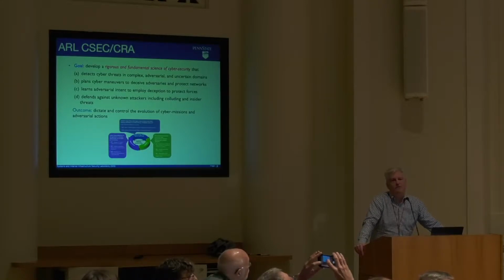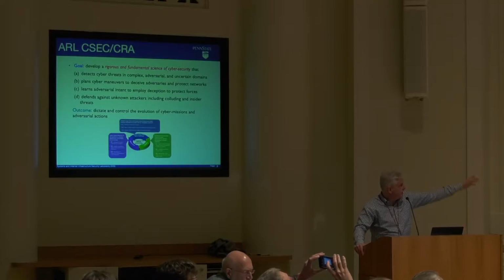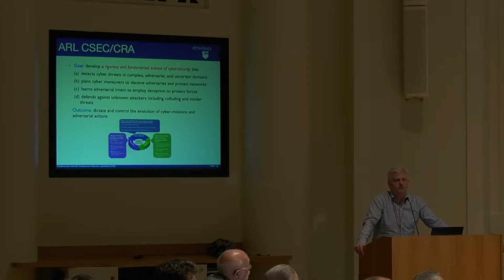So we have 3 project areas: detection, agility, and learning for deception, which is the phrase we use for the applications of machine learning to deception.